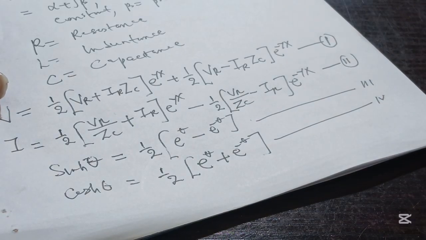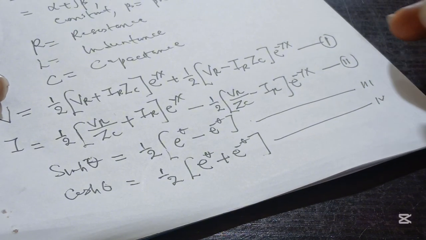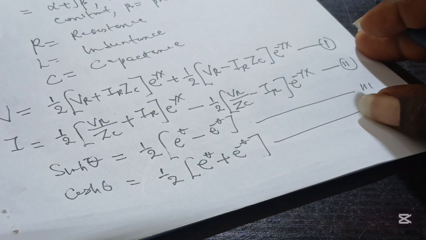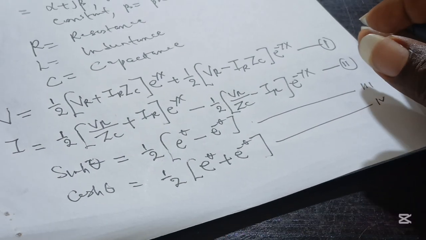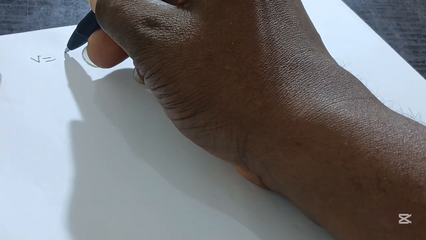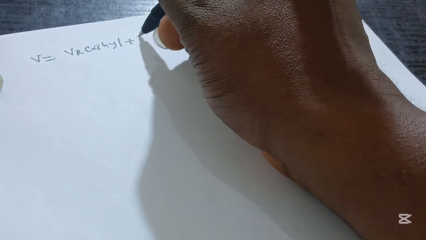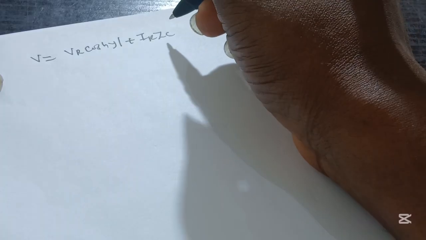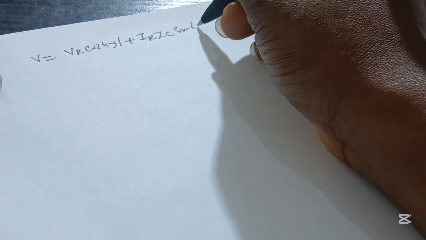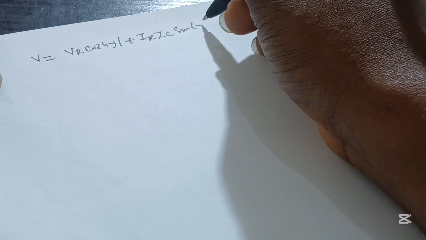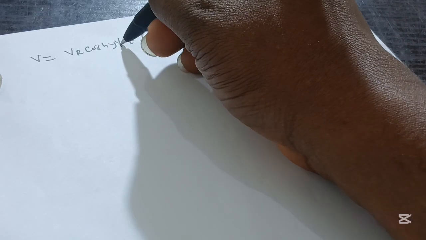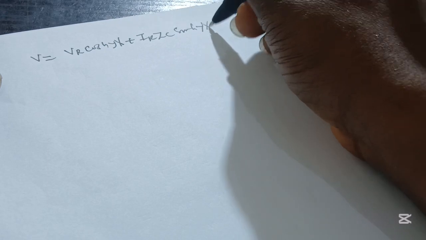So at this point, based on equations 3 and 4, we can write the root mean square equation as V equals VR cosh gamma x plus IR ZC sinh gamma x.